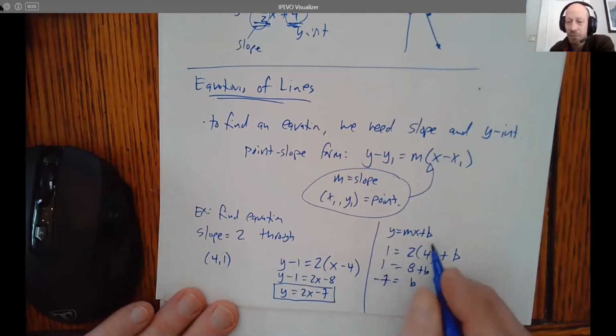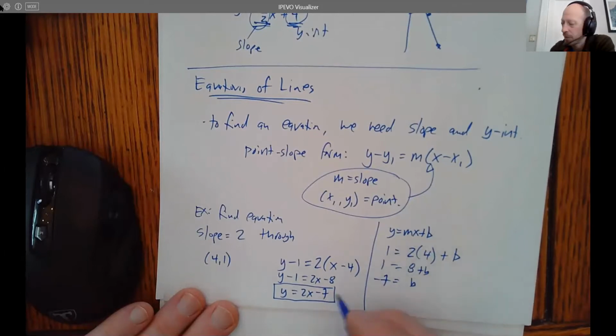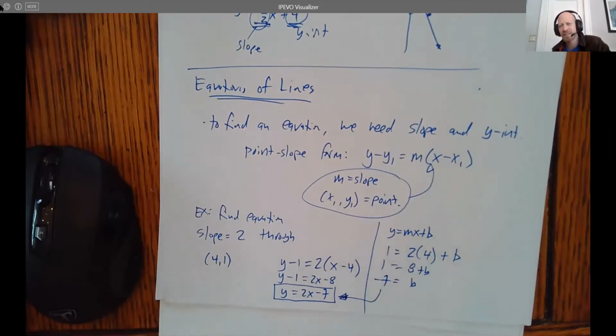Now I have the information I need, and if I plug in the slope and the y-intercept, I'm going to get exactly this equation here. It takes a tiny bit of extra work, because you have to plug the things back into the y equals mx plus b. It's not very much extra work, right?